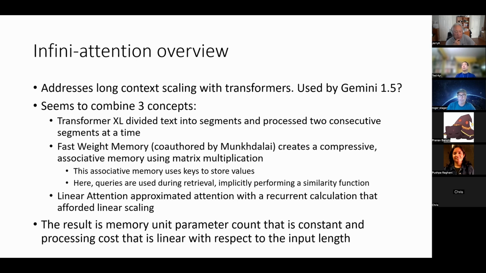Basically, at a high level, I think there are two things that they're hoping are going to happen. One is, in transformers, you have queries and keys. So you're actually going to be using the keys to store the values.